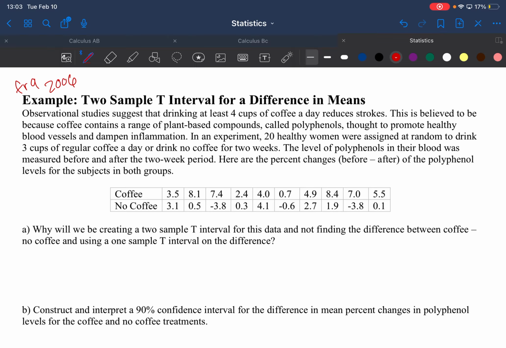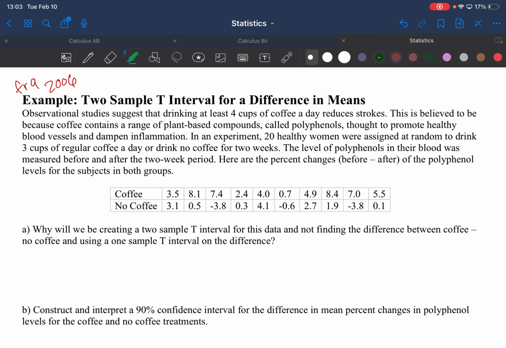So for this FRQ, it says an observational study suggests that drinking at least 4 cups of coffee a day reduces strokes. This is believed to be because coffee contains a range of plant-based compounds called polyphenols, thought to promote healthy blood vessels and dampen inflammation.